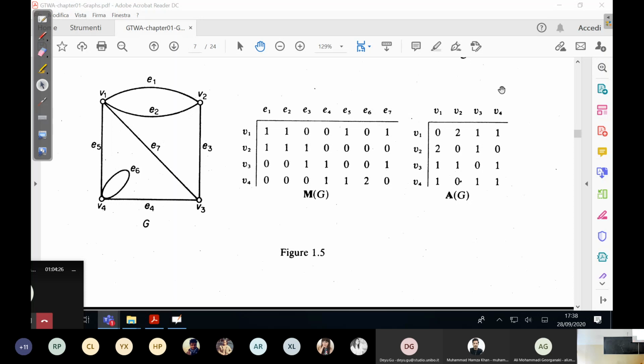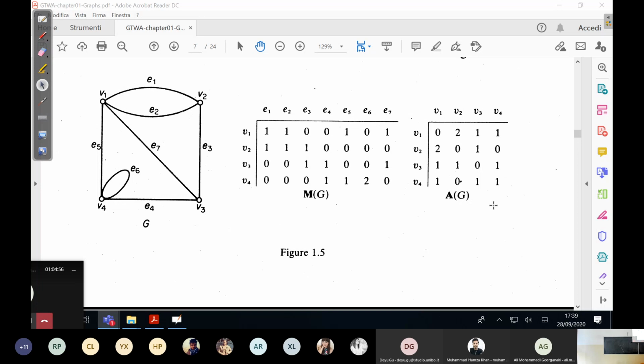Let's take any column H, and then we go row by row, row 1, row 2, row N. And we have the number of edges connecting vertex VH with V1, and then the number of edges joining VH with V2, and so on and so forth for all the vertices.